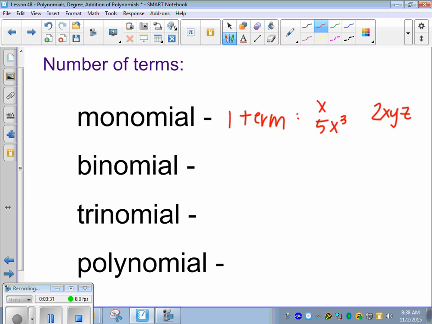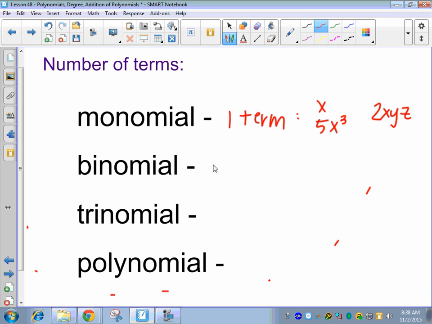How about binomial? How many terms do we think that has? Two, yeah. Two terms could be x squared plus x, or 1 plus x cubed.